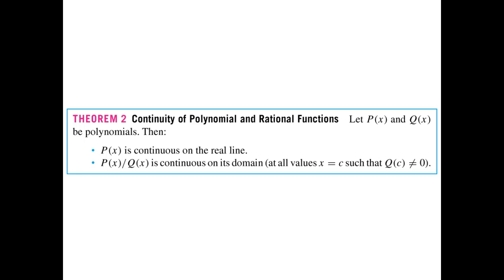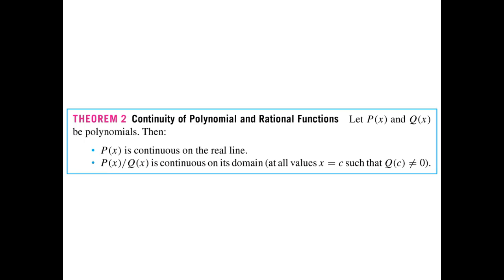If you remember, I'm assuming that you had pre-calculus algebra somewhere, either in high school or earlier at college. And when you were talking about functions, one of the first types of functions you looked at were polynomial functions. And there were two characteristics of polynomial functions.